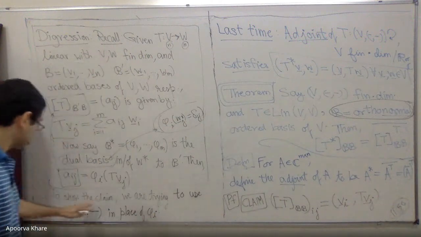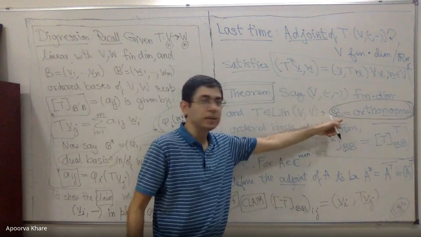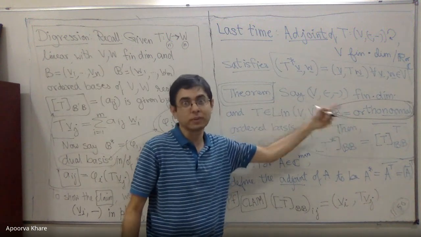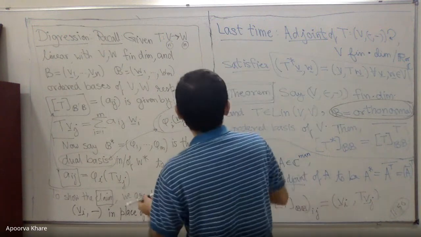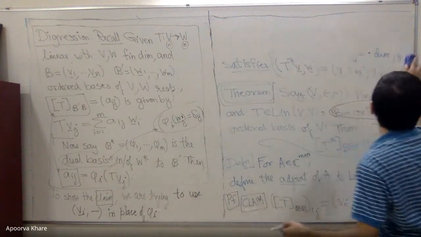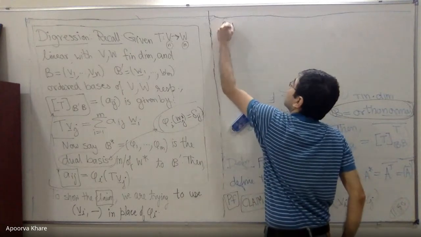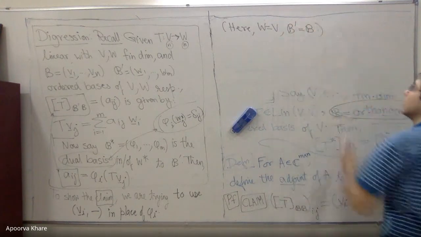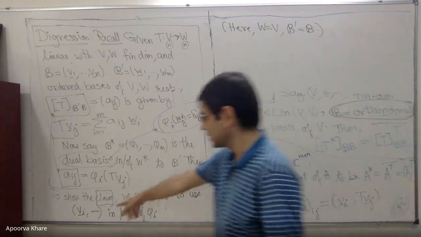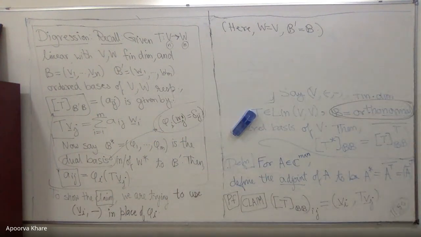So now, okay, now we are showing the claim, which means we have come back to the setting where V is a finite dimensional inner product space, B is an ordered orthonormal basis, and W is the same as V, B prime is the same as B. So W equals V, B prime equals B. Okay, and we are asking when is it that these functionals, as we said last class, are indeed the dual basis to the v_i's.